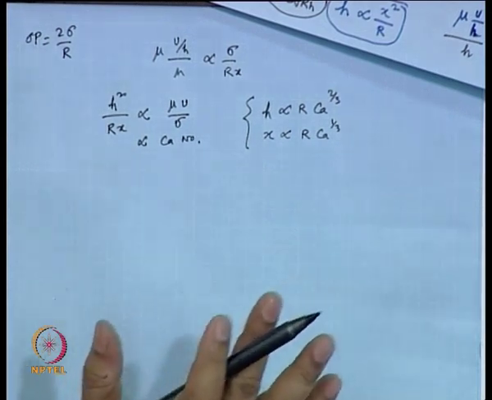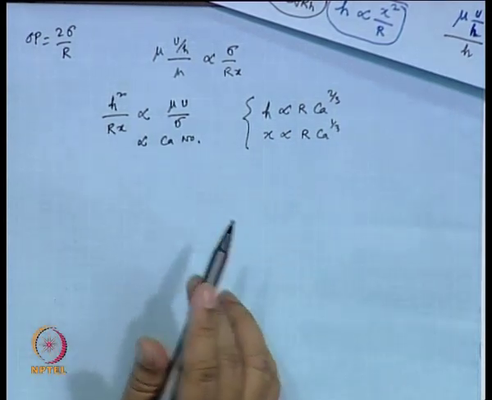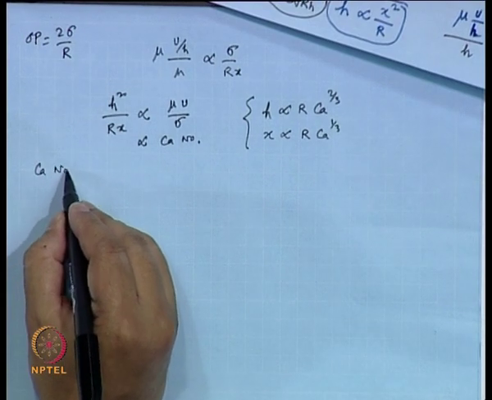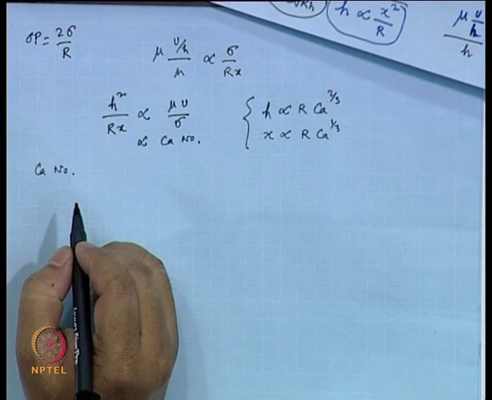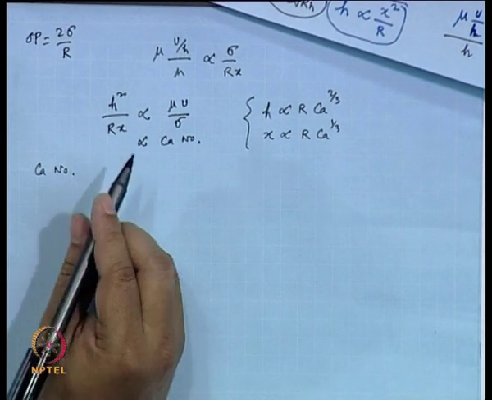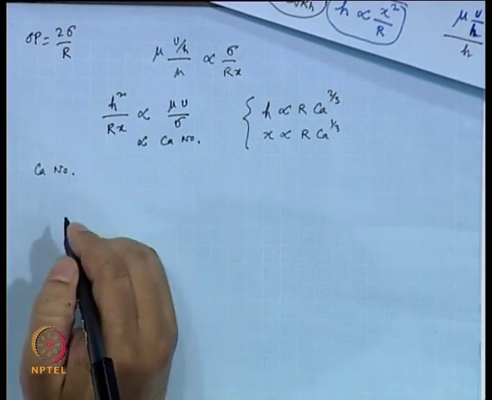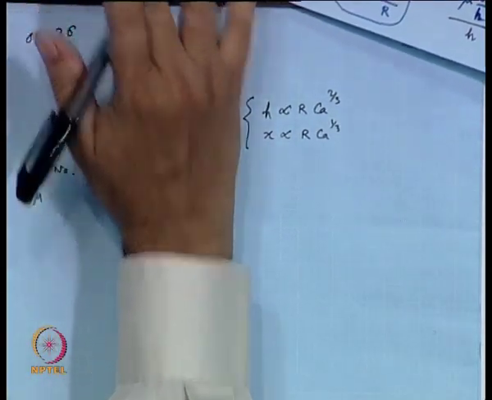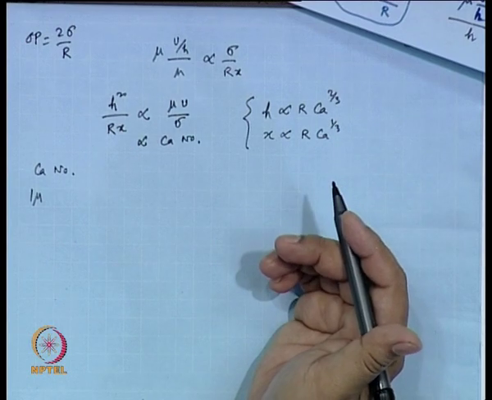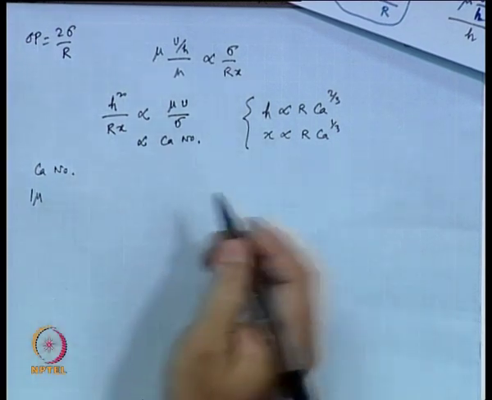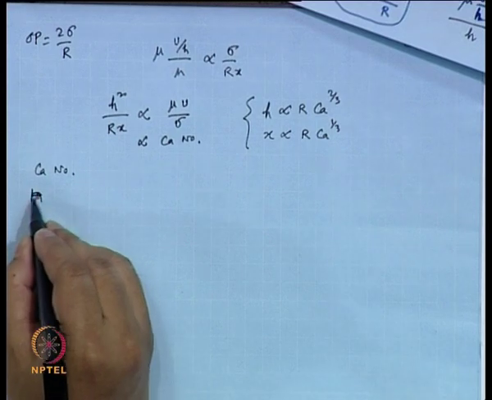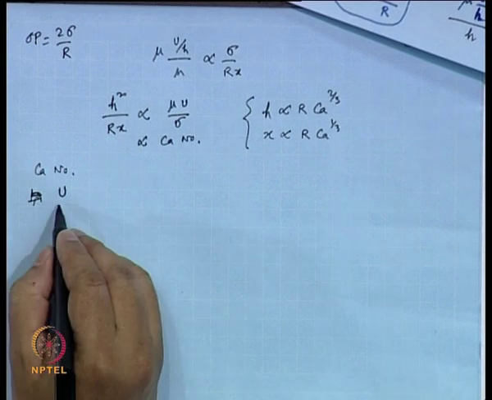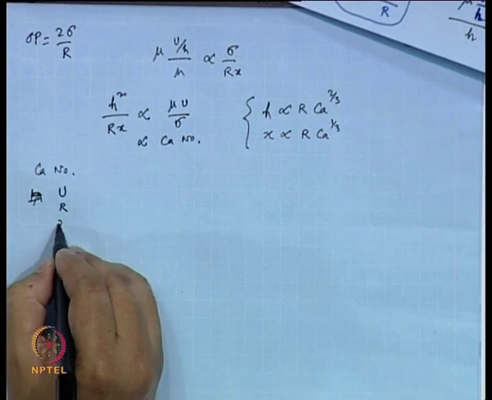Of course, this is a scaling analysis. What this means is, if somebody knows the capillary number, then for example, for a given bubble speed, it depends on what the bubble speed is, that means what u is. You can find out depending on the value of r and the value of sigma.